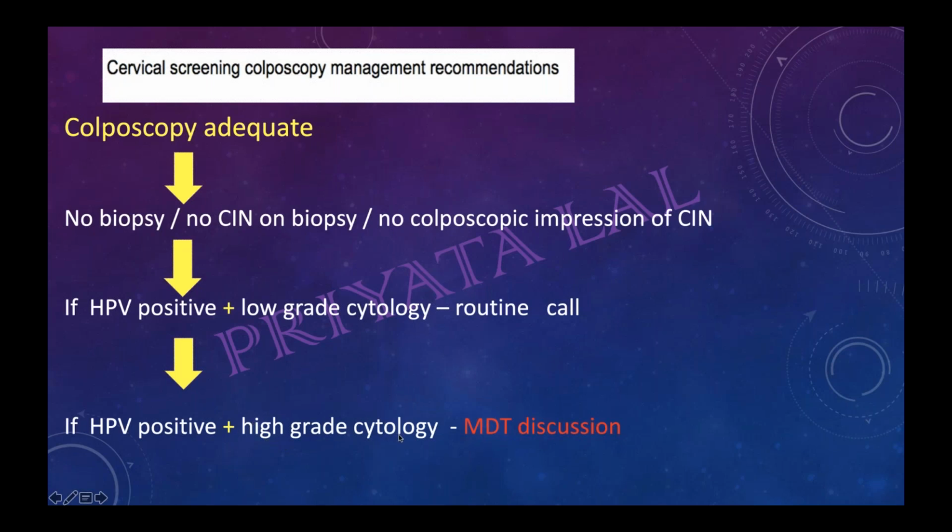So this is a disparity. How can this happen that colposcopy is normal and cytology is high grade? These are two different things. It cannot happen. If a patient has a high grade cytology, I should get something on colposcopy also. So I'm not getting anything. So how is this possible? Something we are missing.